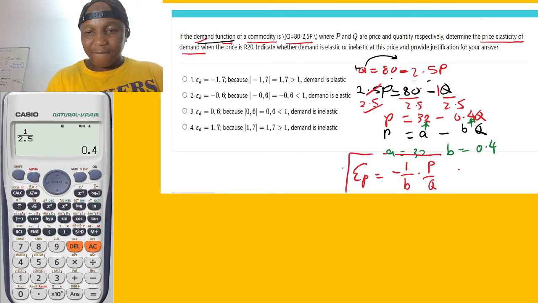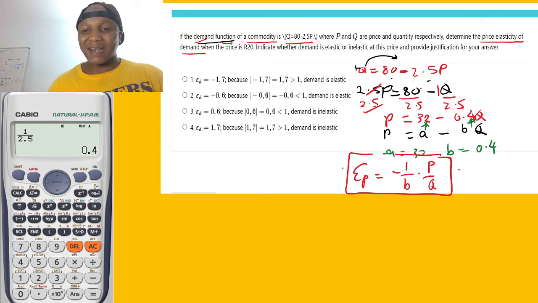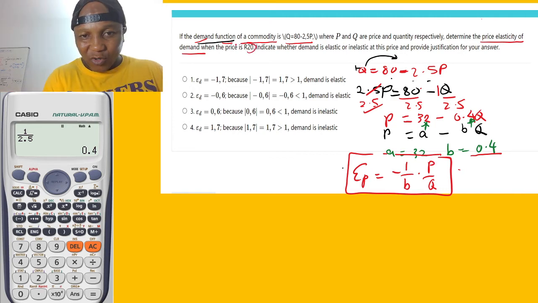So you memorize this. This is the equation for price elasticity of demand. Our B is equal to 0.4, and P is equal to 20. They say when price equal to 20.